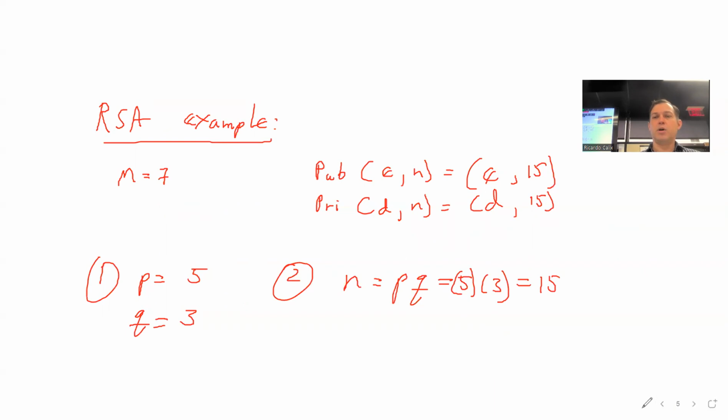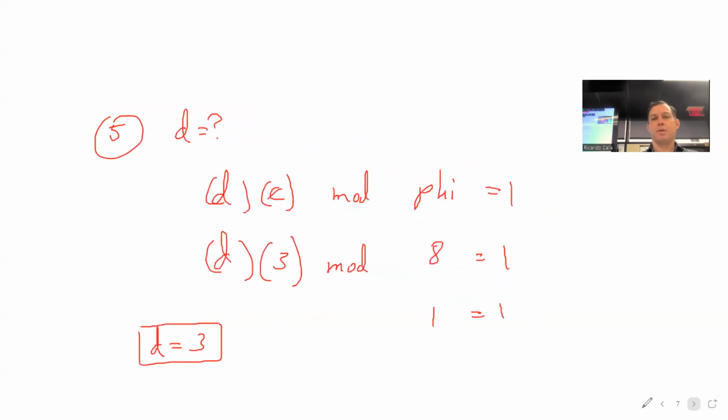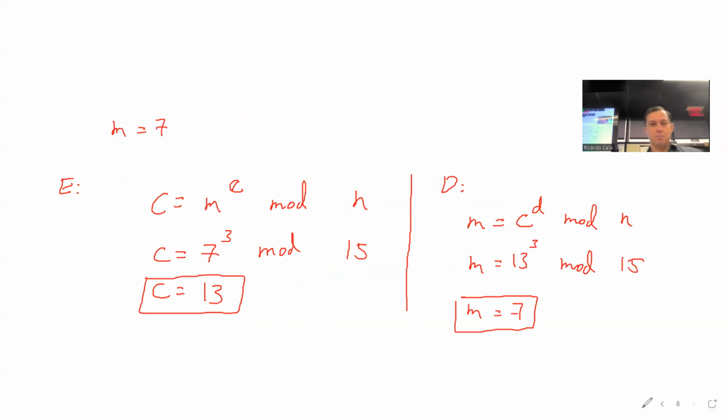So we know N is 15, and we know E is 3, and D is 3, right? So that would effectively make the public key what? 3, 15, but that would also make the private key 3, 15.